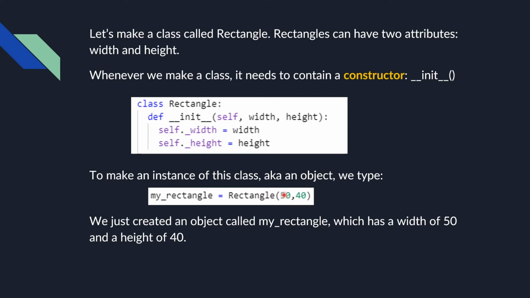So 50 is our width and 40 is our height. Once we do this, it's going to return a rectangle object with our width and height that we specified, and then save that in a variable called myRectangle. From then on, we can refer to our object as myRectangle.